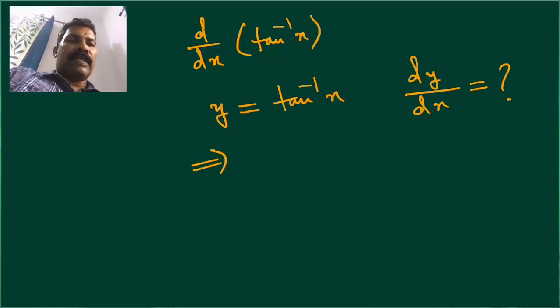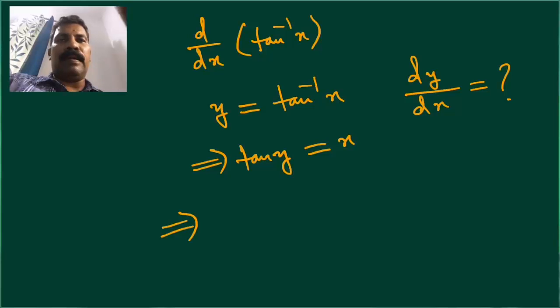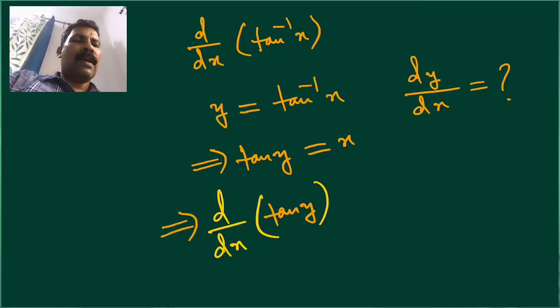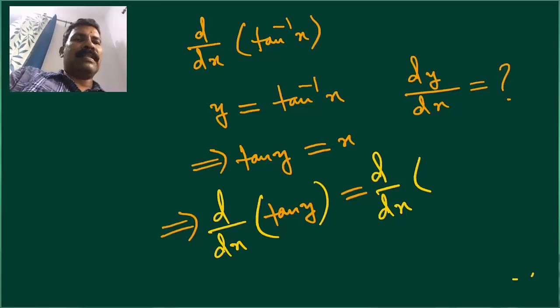So when y is equal to tan inverse x, that is tan y is equal to x, then we can apply the differential operator on both sides, that is d by dx of tan y on the left hand side, equal to, again we have to differentiate, the right hand side, that is x only.